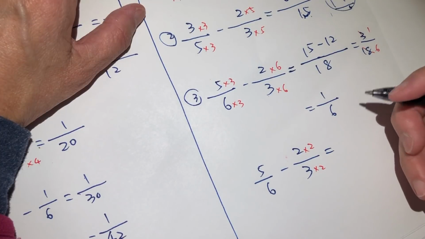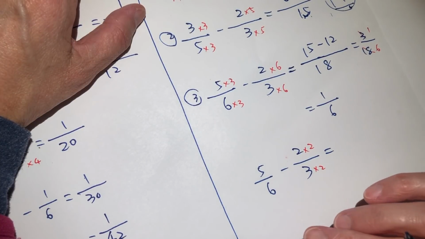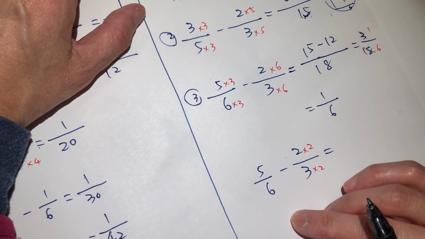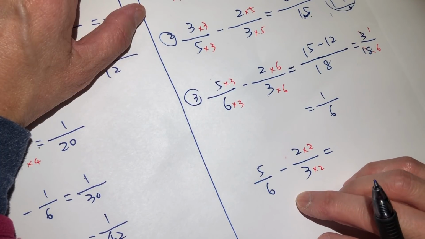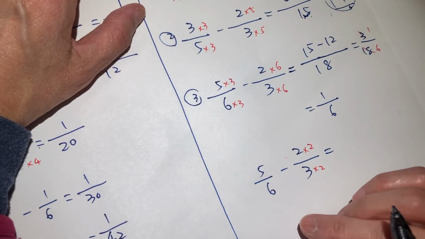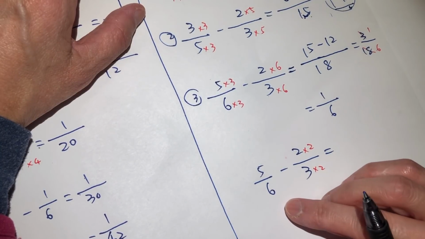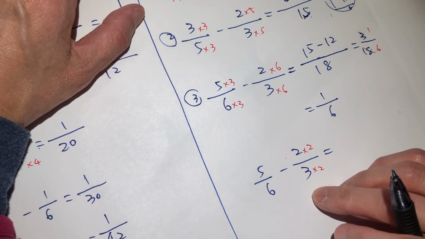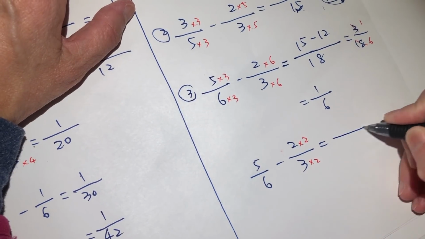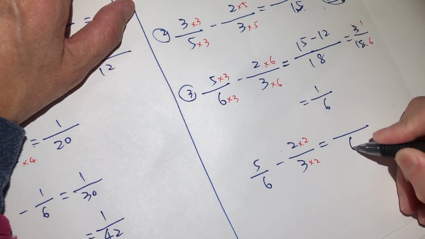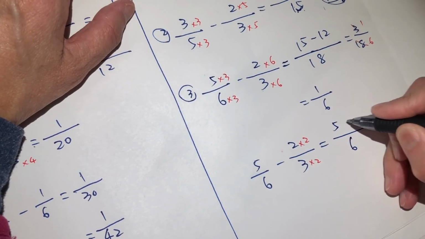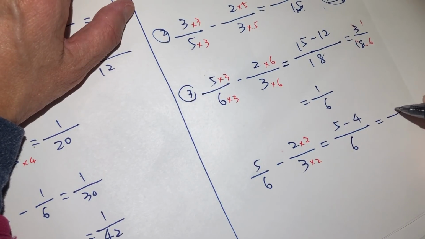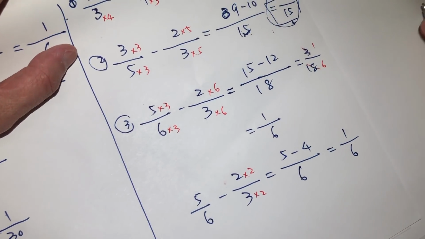As long as we can find one number that is a multiple of the 2. 6 is 1 time a multiple of 6. And 6 is 2 times a multiple of 3. Right? So the denominator is 6. And 5 minus 2 times 2 is 4. So 1 over 6. Woohoo!